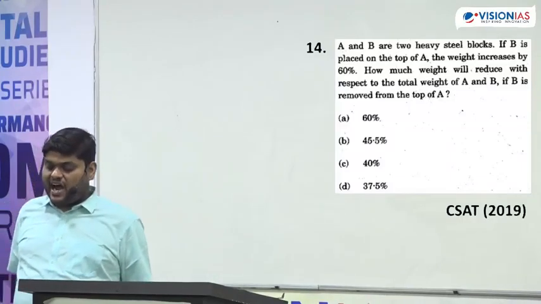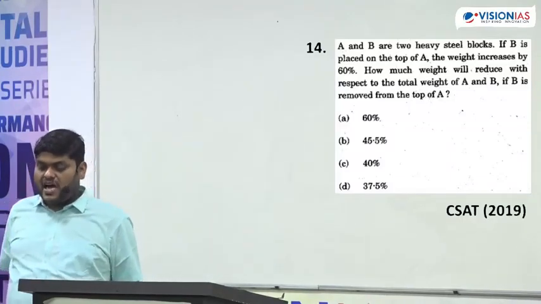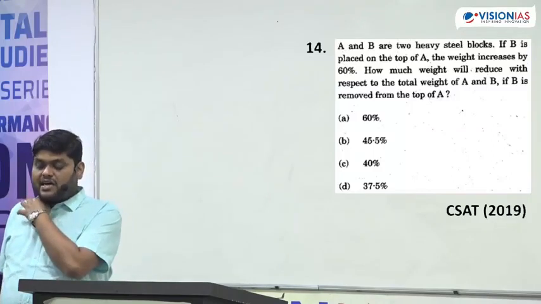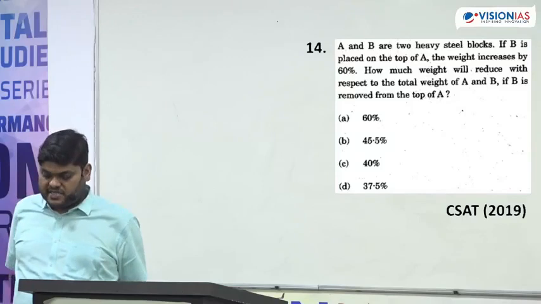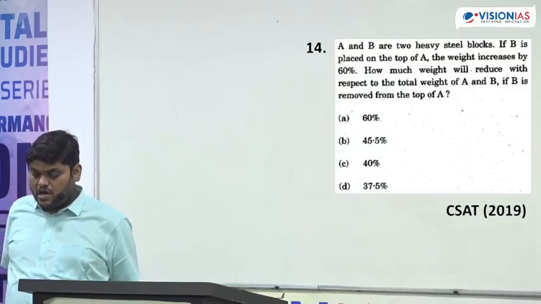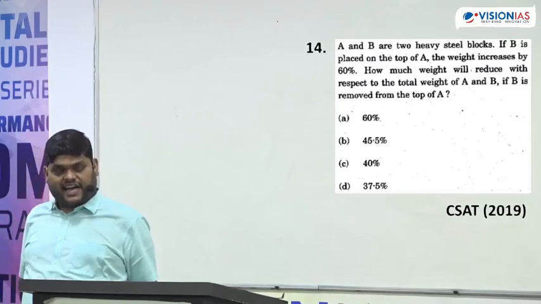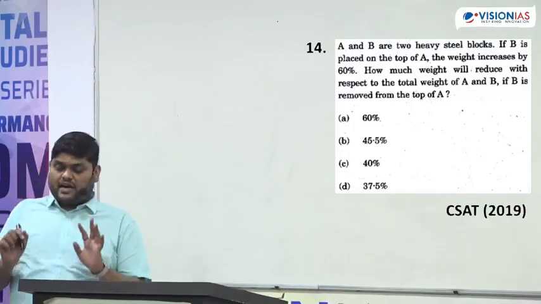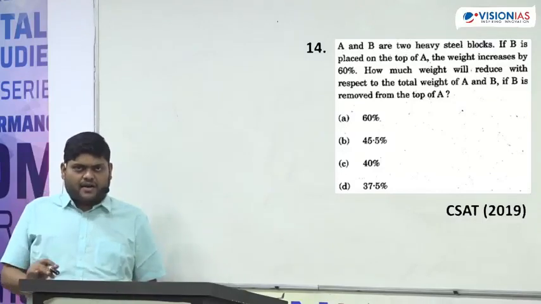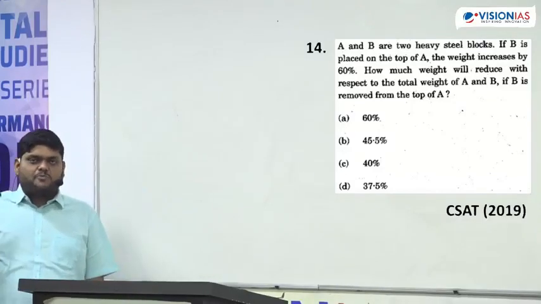Now try question number 14. A and B are two heavy steel blocks. If B is placed on the top of A, the weight increases by 60%. How much weight will reduce with respect to the total weight? Listen carefully, read the question carefully. You know everything, but the language is a bit difficult.